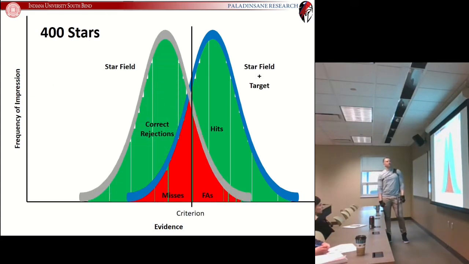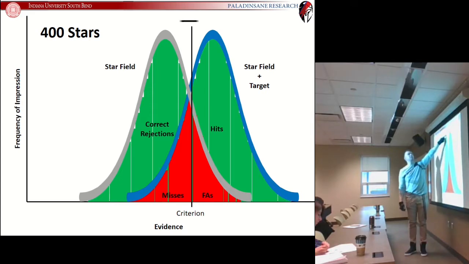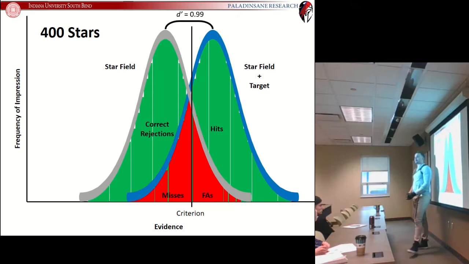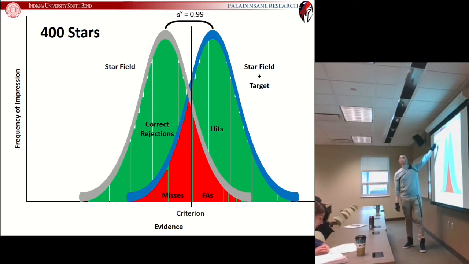That's the only place that it can be to satisfy that. Measure the distance between the two peaks, and notice our sensitivity went down. It used to be 2.85. Now our sensitivity is 0.99. That's the sensitivity that we have in this 400 star field.